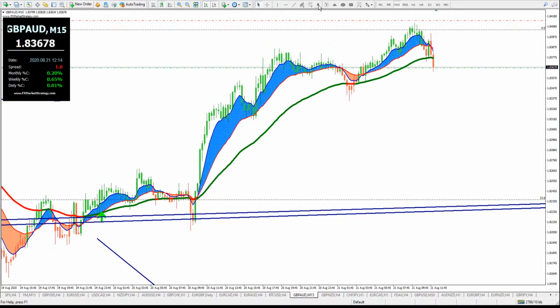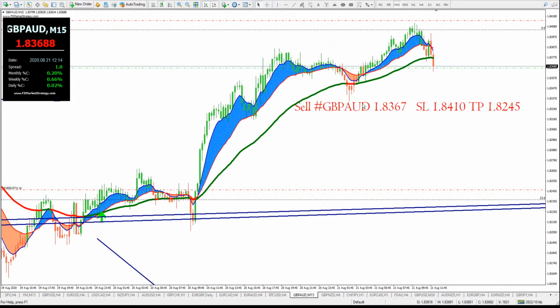So this is the second trade we can hope for. Okay guys, hopefully this will work out well.